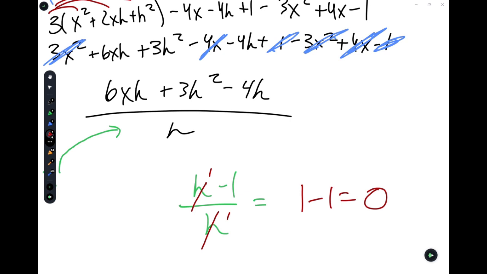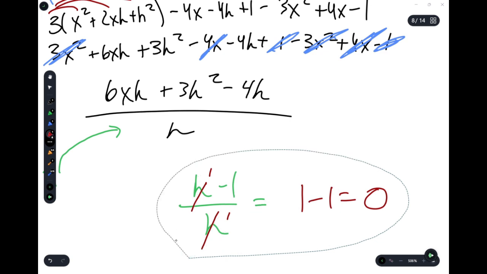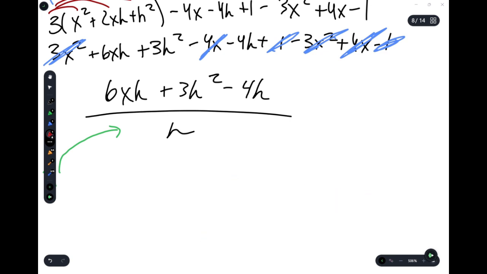There's h. I'm just saying I get this a lot, and I want to know why. I want to know why I'm allowed to just start going, cancel one of those, cancel that one. But why does the bottom need an h in each term?